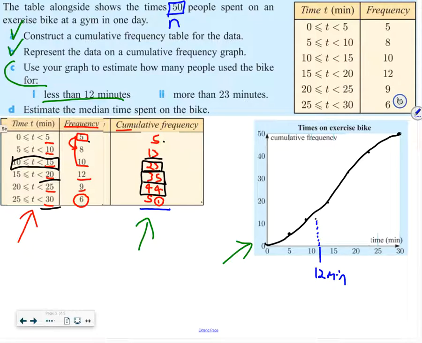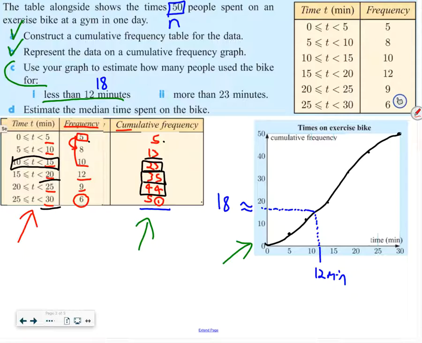So how many people used it less than 12 minutes? I mark it from here up and then over. And I see that's approximately 18 is our frequency. So I'm going to say about 18 people stayed on it for less than 12 minutes. More than 23 minutes.